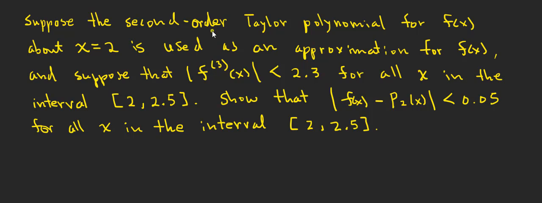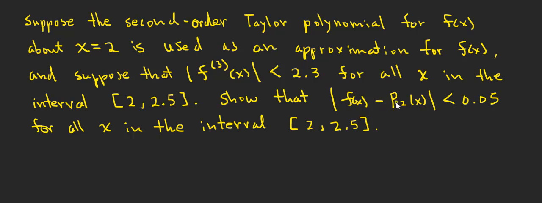Suppose the second order Taylor polynomial for f of x about x equals 2 is used as an approximation for f of x. And suppose that the absolute value of f to the third derivative of x is less than 2.3 for all x in the interval from 2 to 2.5.